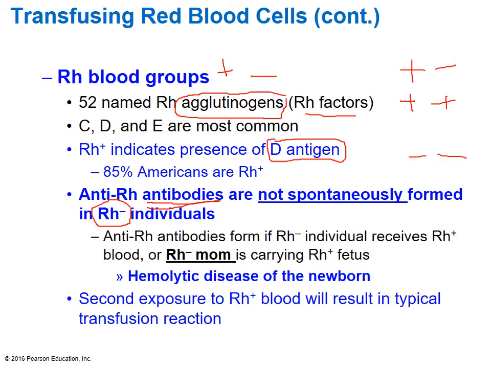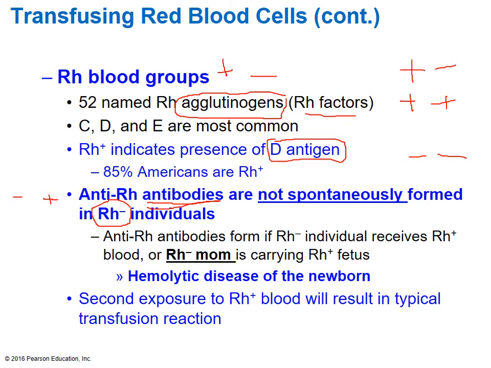The Rh group, if you're Rh negative, you will only produce antibodies against Rh once you become exposed to it. So if you have blood type negative and they mess up and give you positive, that exposure will allow antibodies to form.